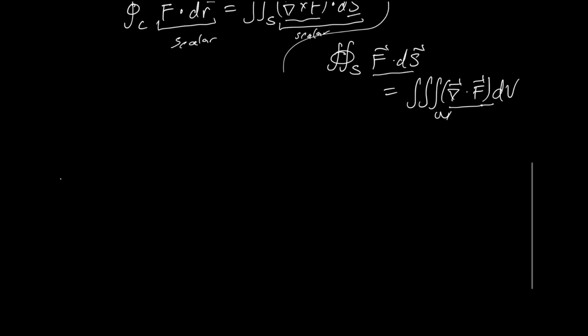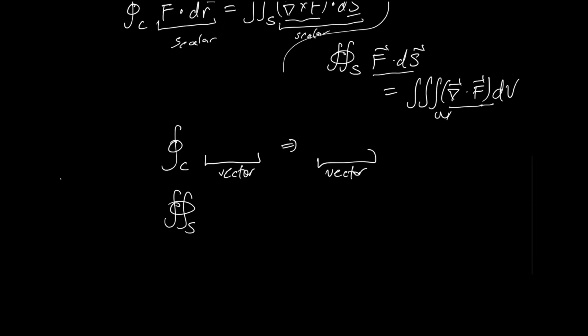However, what we never really considered in most multivariable calculus classes is what if we have a line integral or a surface integral, and somehow the inside yields a vector, which implies that our result also is a vector.